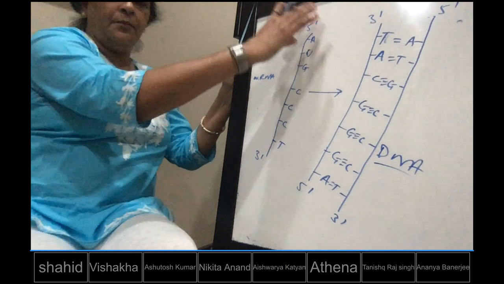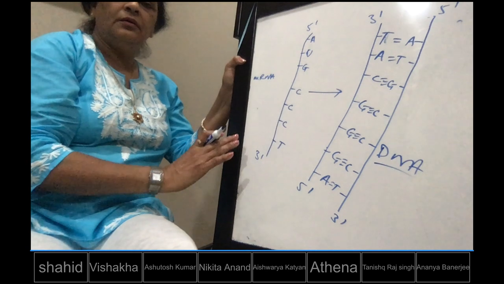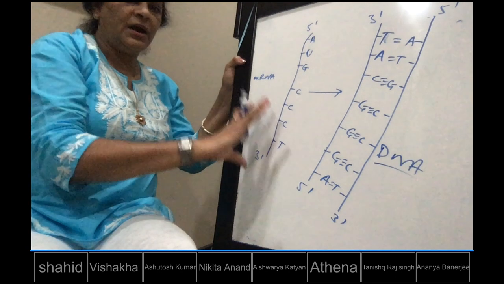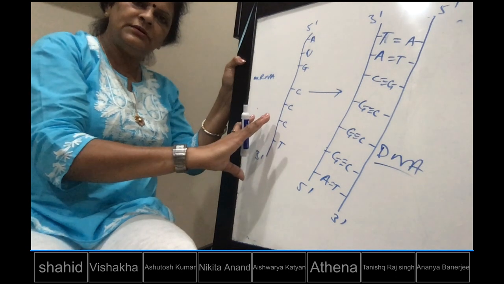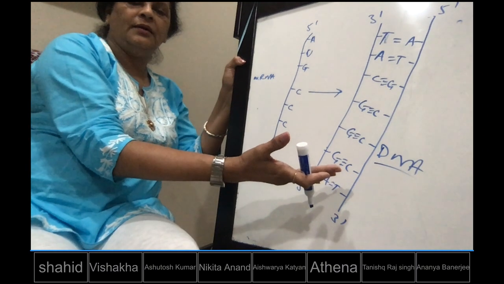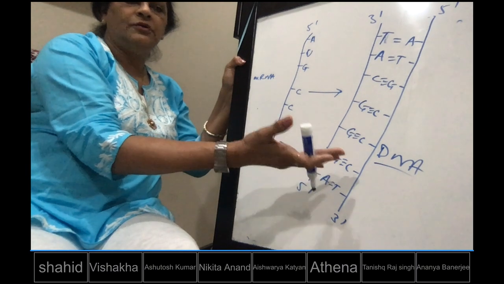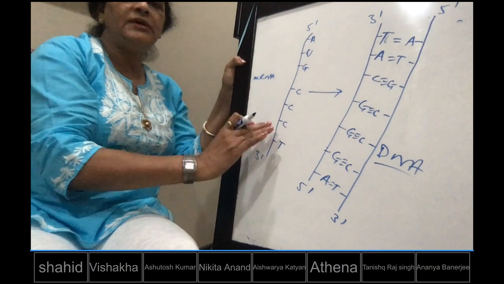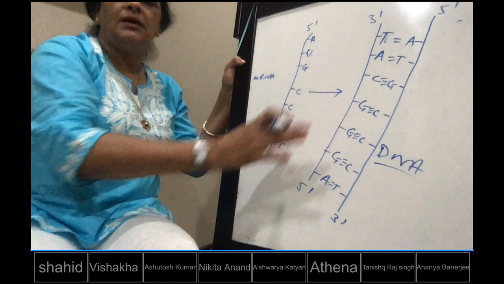So mRNA, say we are the mRNA which is expressed, we are identifying the DNA, the gene. So this is called as expressed sequence tags.